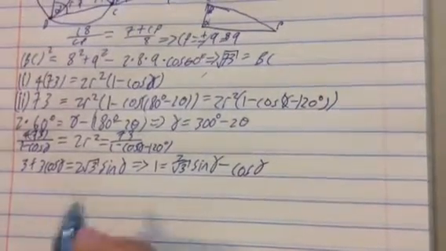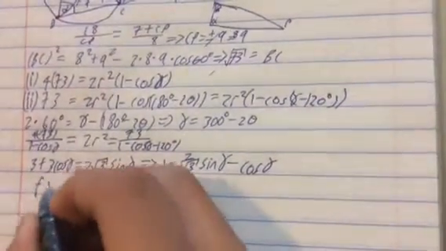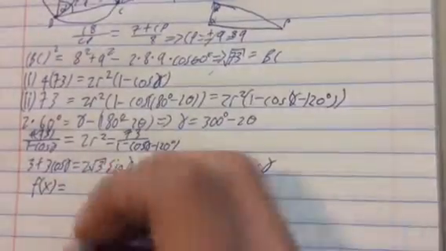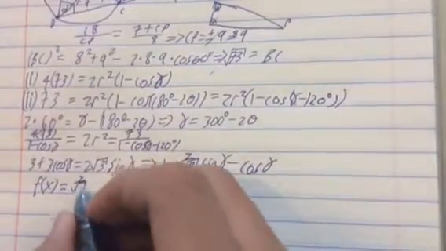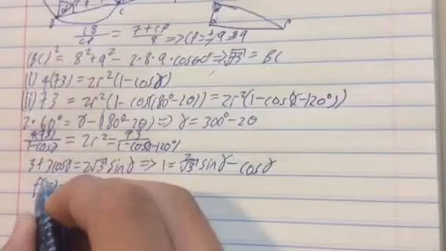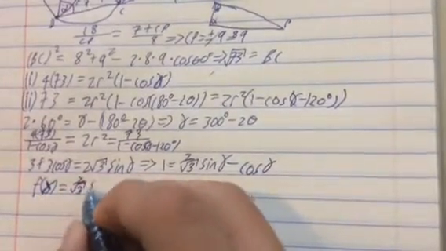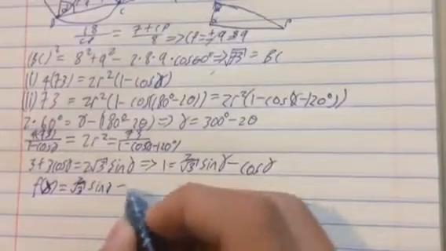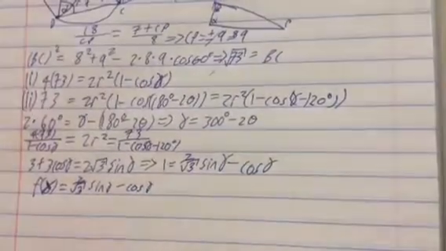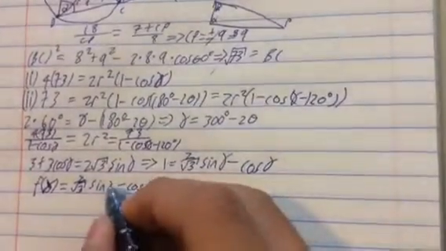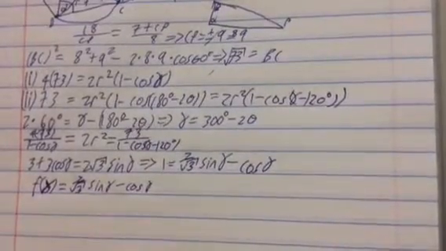So first of all, let's try to bound gamma from below. Let's create a function f of x is equal to 2 root 3, f of gamma, in fact, is equal to 2 root 3 sine gamma minus cos of gamma. Now, we want to find gamma such that f of gamma is equal to 1.